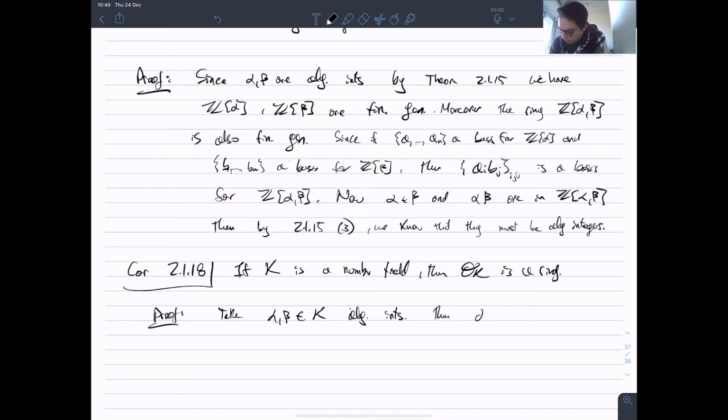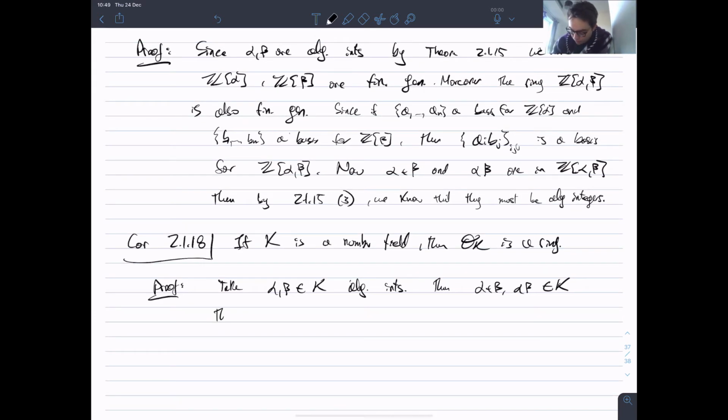Then we know that alpha plus beta and alpha beta are also elements of K because K is a field. Therefore, alpha plus beta and alpha beta are also algebraic integers in K, so they are in O_K.